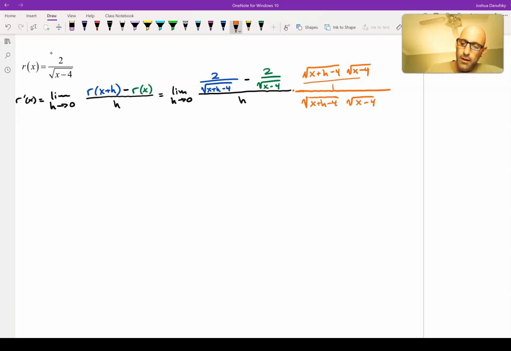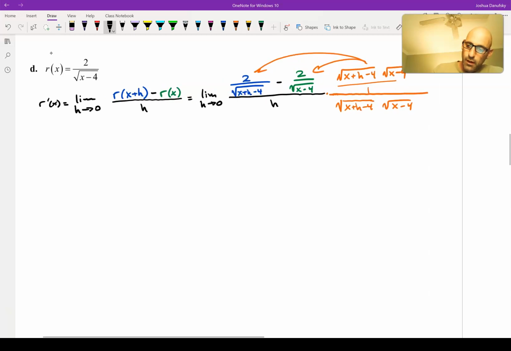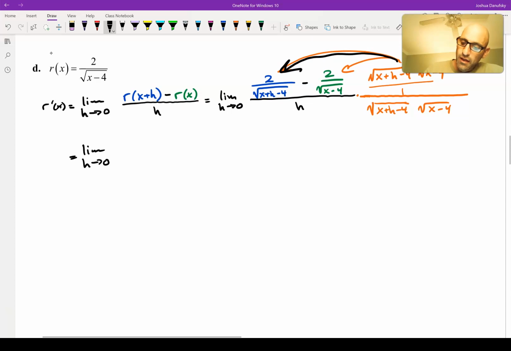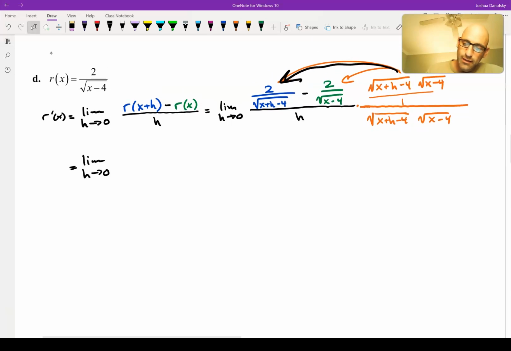Okay, and so we're going to end up distributing here, and then seeing what we get. Again, as usual, this stuff is mostly just a bunch of algebra. Limit as h approaches 0. When we do this first multiplication here, we're going to have a 2, but notice that, I'm just going to highlight these temporarily, this guy is going to cancel with that guy.